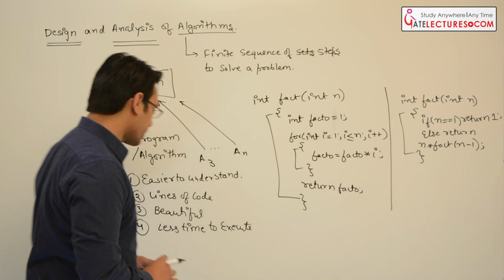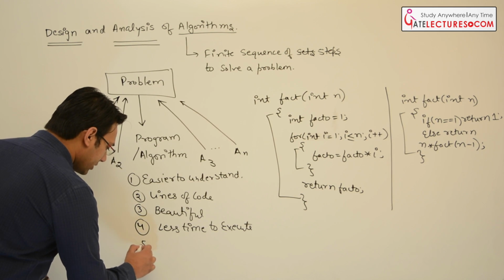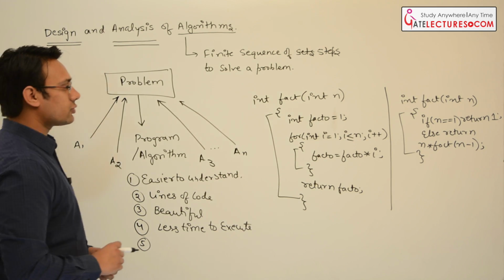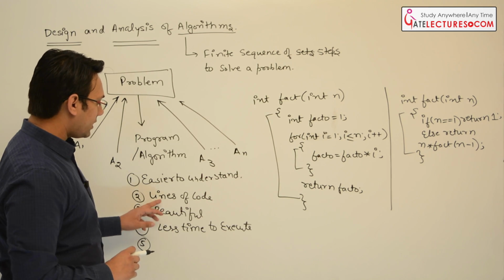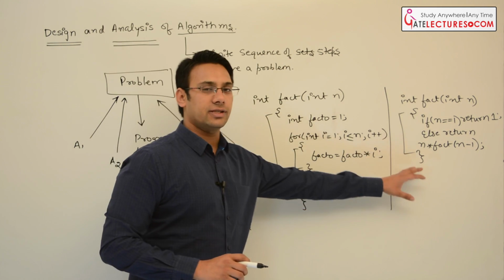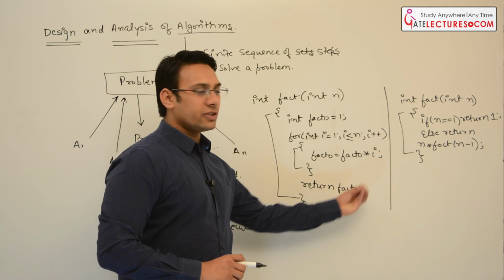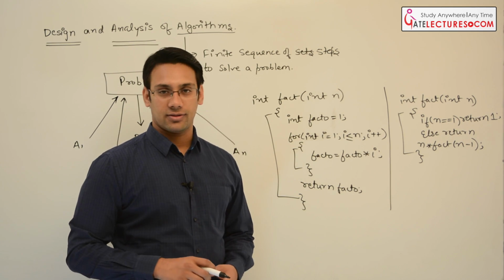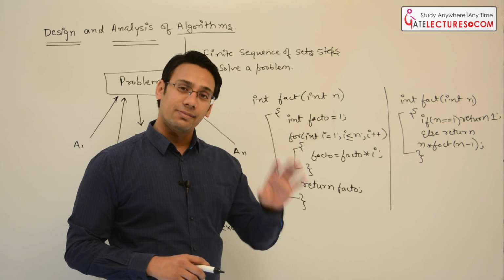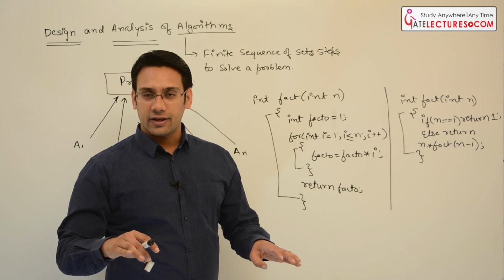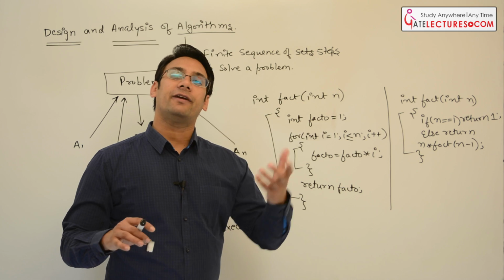Okay. Now one more student says, sir, out of these two programs, we said one of these programs is taking less lines of code, but we did not see which of these programs is taking less amount of space. Because less amount of space and less number of lines of code are different things.